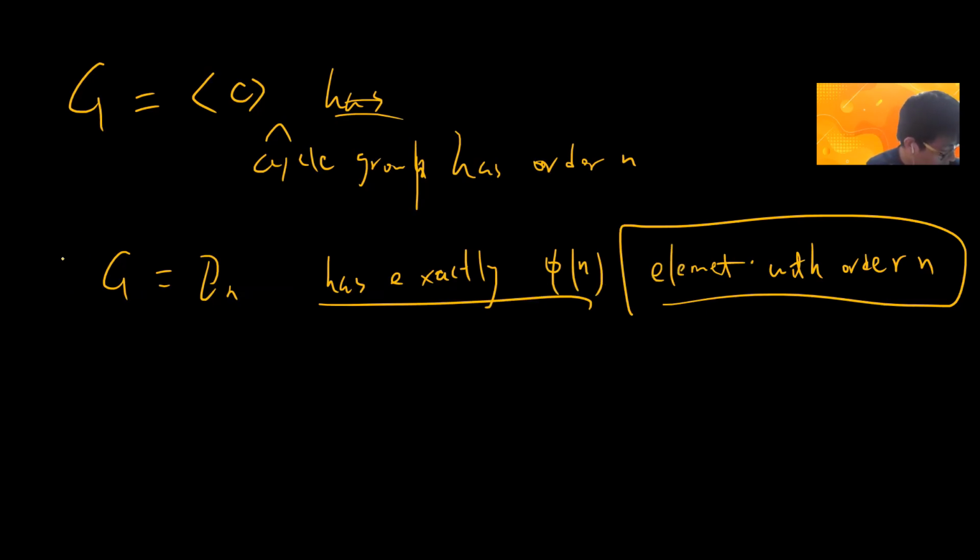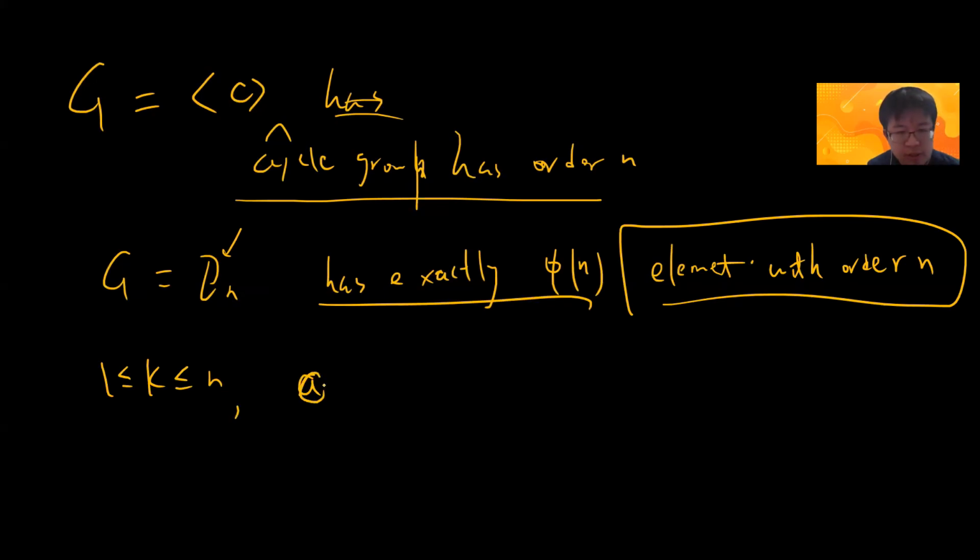So the reason is, let's say G is a cyclic group of order n, and I use multiplication notation. Suppose k is chosen. I know that the order of c^k will divide n.